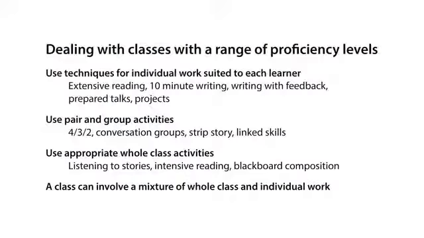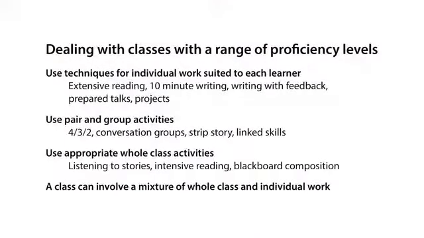The linked skills activity can also be adapted to learners at different proficiency levels. Linked skills activities can involve individual work and pair work, and so the same text could be worked on at various levels of proficiency.